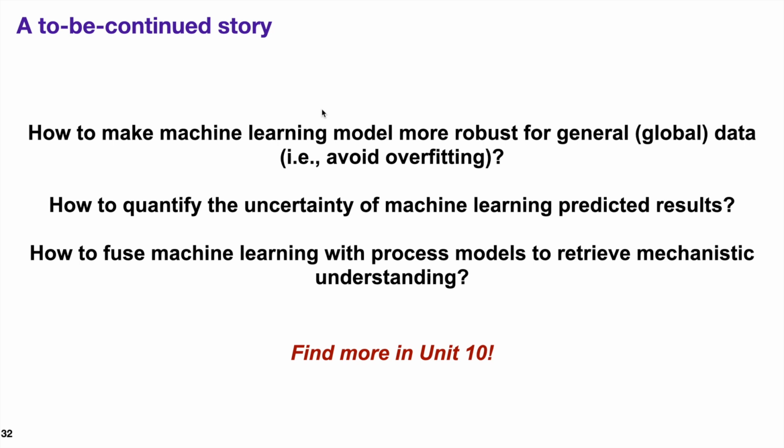But in ecological studies, we are also interested in mechanistic understanding from big data. So that leads to the question of how we shall integrate machine learning with process models so that we can retrieve mechanistic understanding from big data.